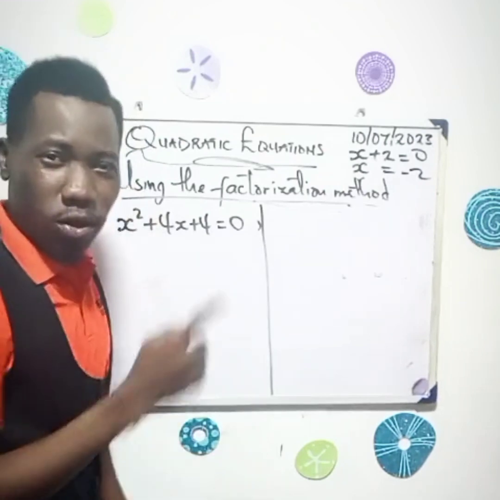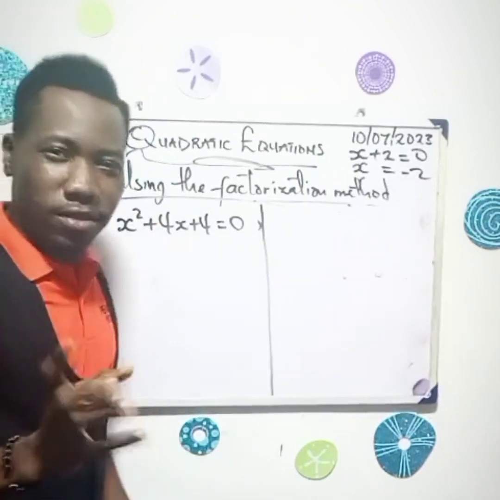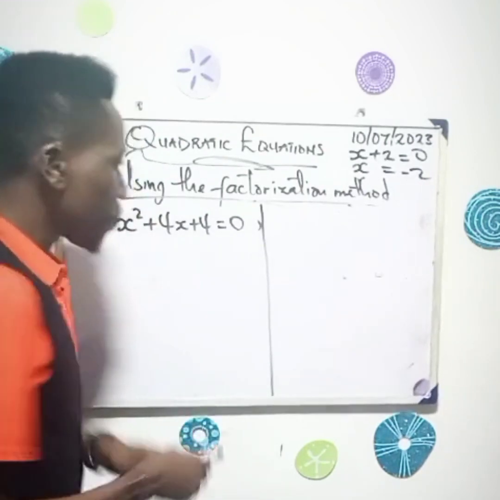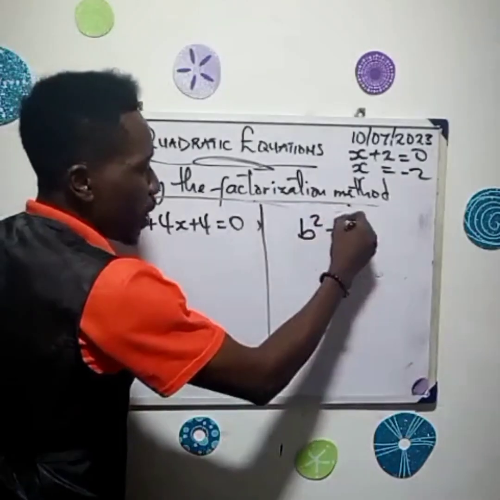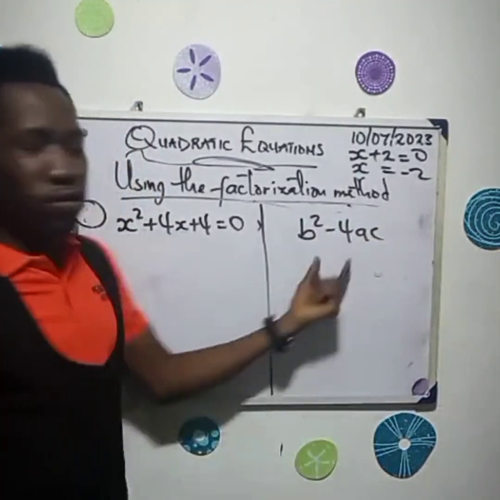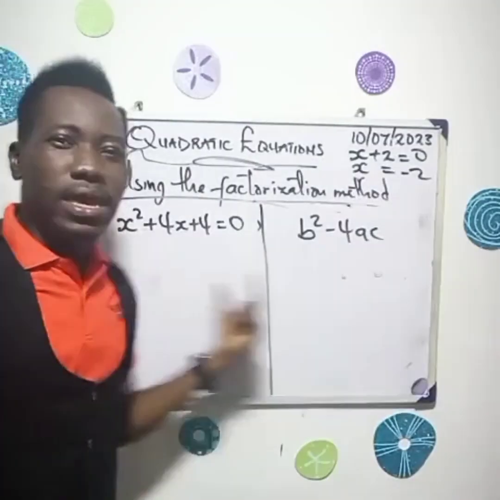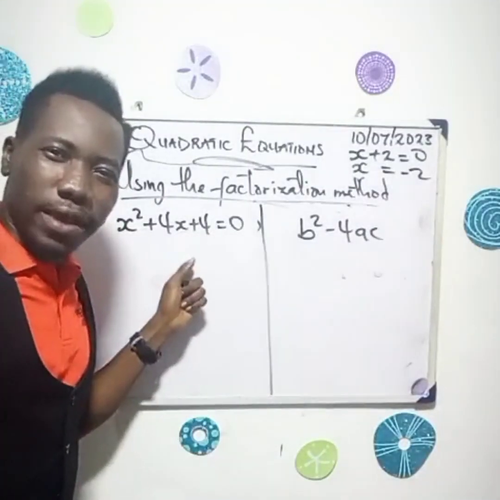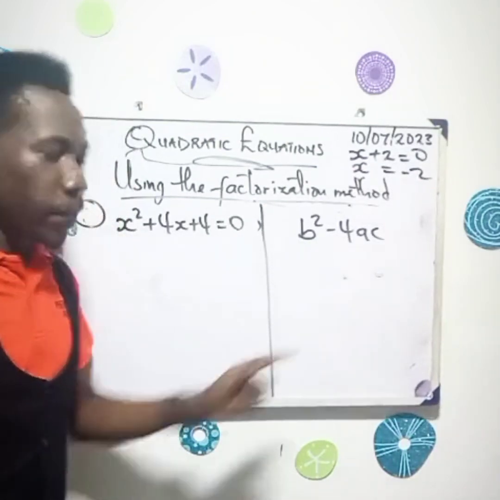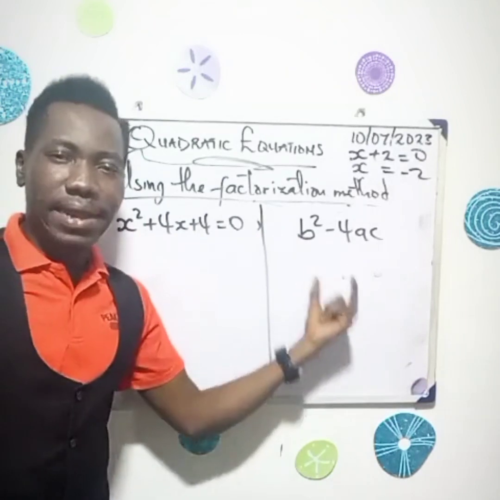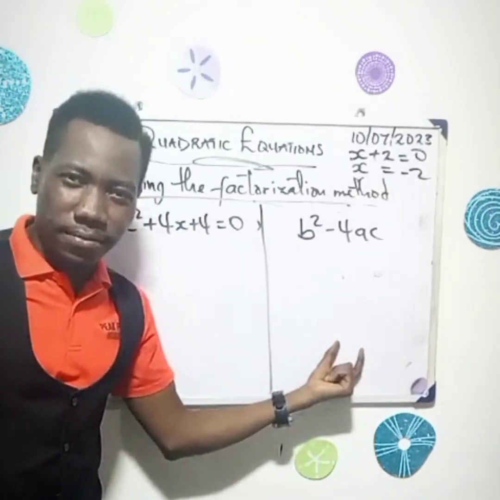You can use the discriminant, that is b squared minus 4ac. You can use this to check if a quadratic equation can be solved using the factorization method, if the answer you have is a perfect square.